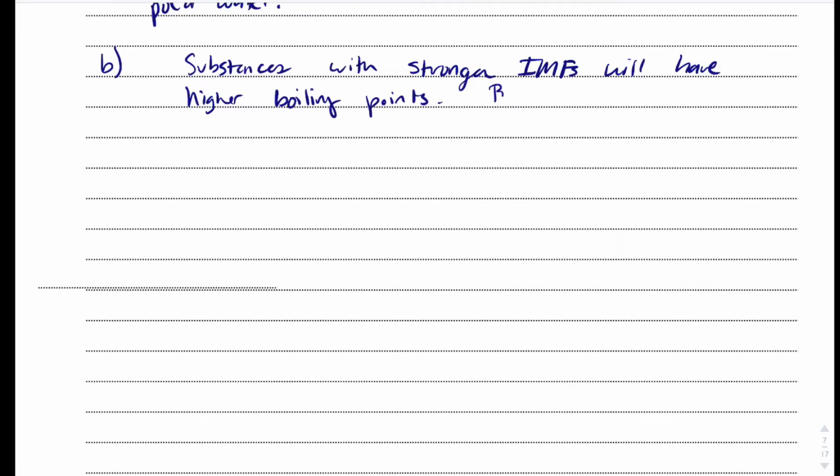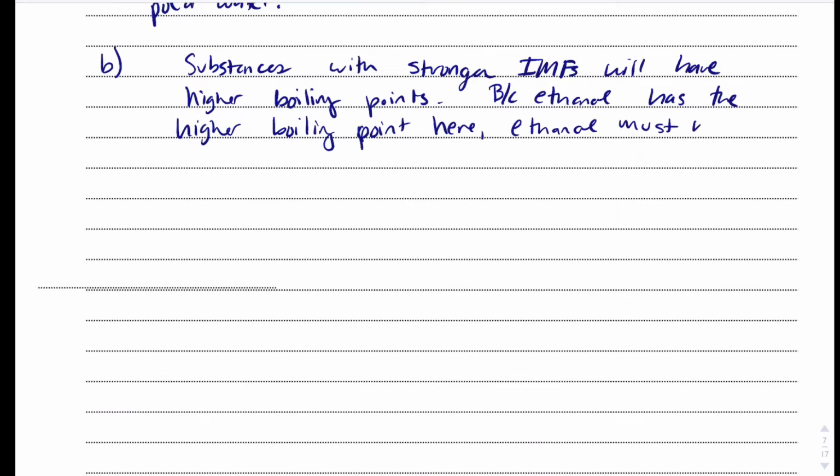So because ethanol has the higher boiling point here, ethanol must have stronger IMFs than dimethyl ether.